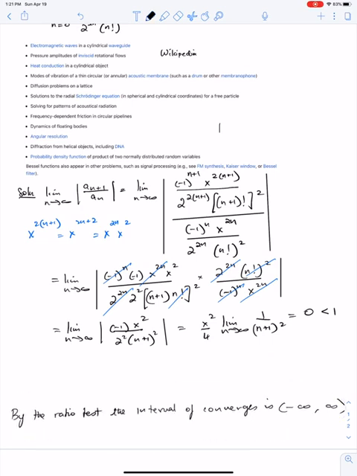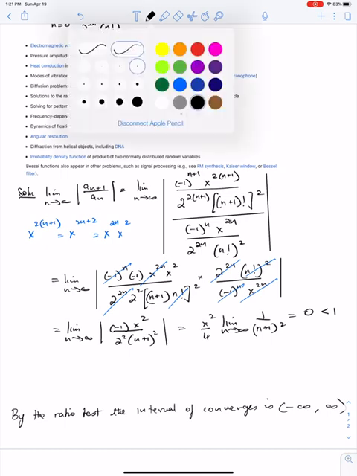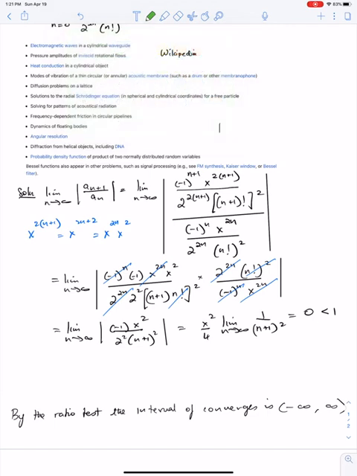So we end up with, by the ratio test, the interval of convergence is minus infinity, infinity. And so it's essentially true for, this is x squared, limit n tends to infinity of 1 over (n+1) squared, and that's 0.